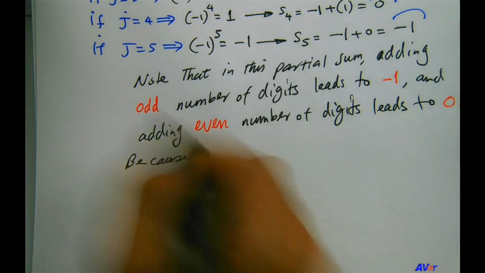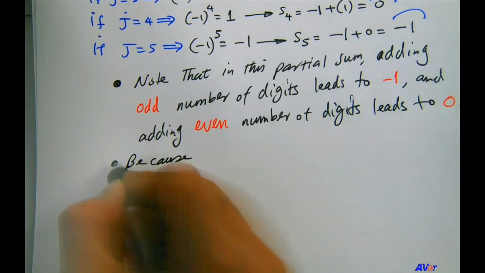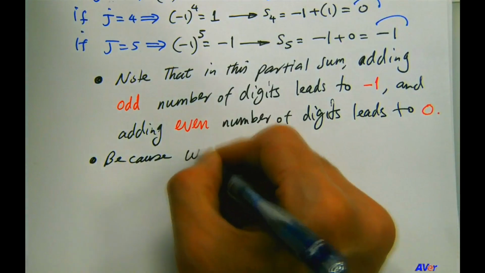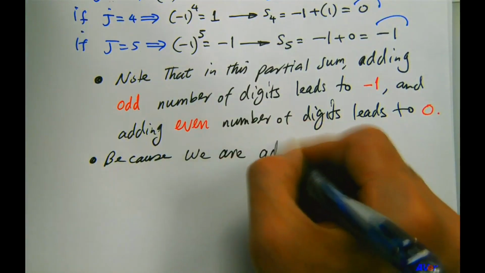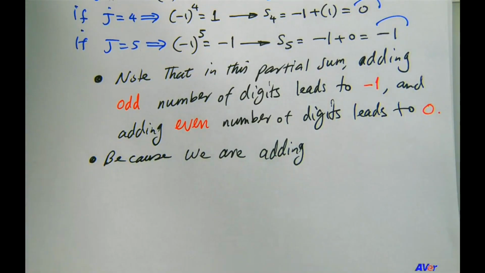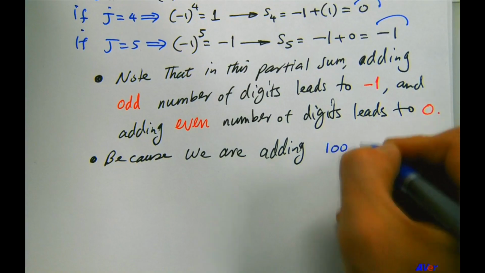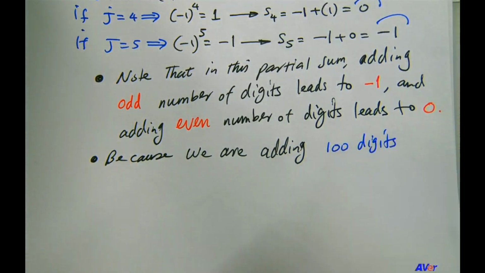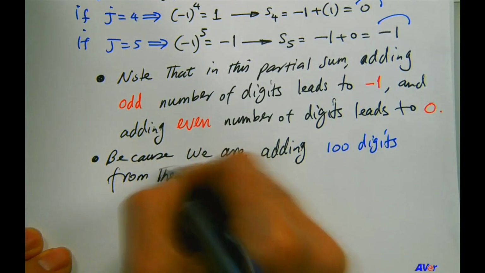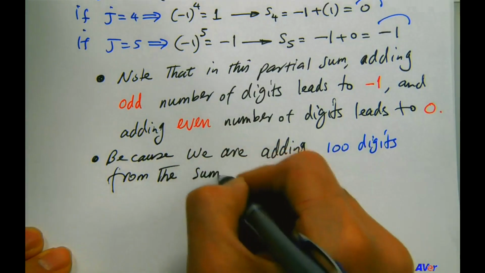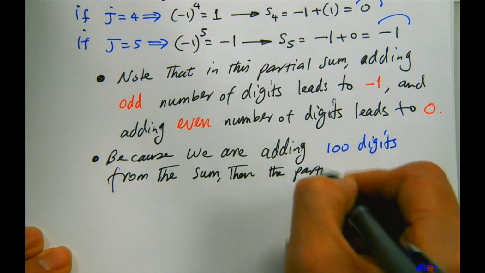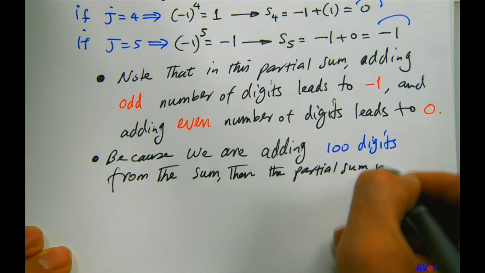Because we are adding 100 digits from the sum, the partial sum is 0.